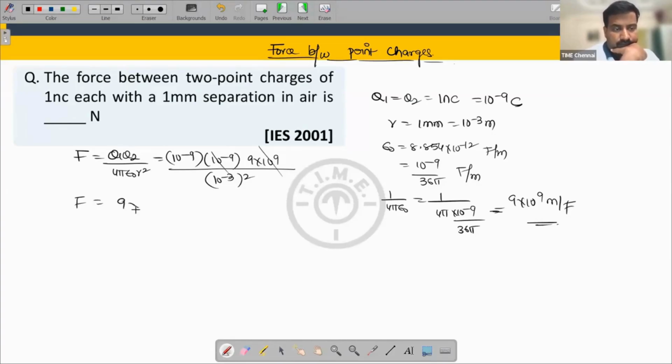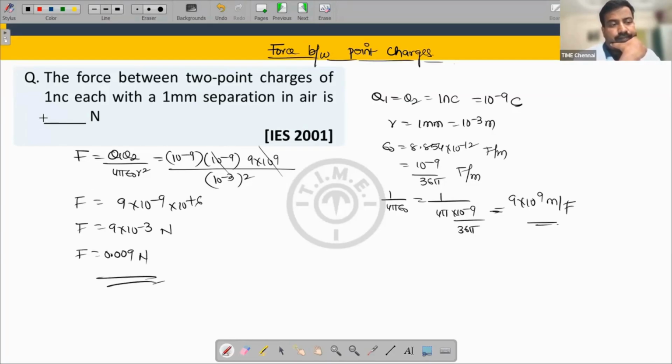Force is 9 into 10 power minus 9 into 10 power plus 6, which is 9 into 10 power minus 3 Newton, that is 0.009 Newton. That is a simple question on force.